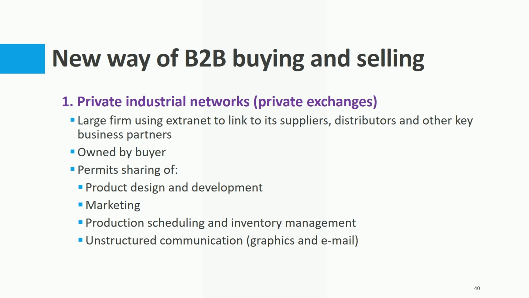The text provides the example of VW Group Supply, which links the Volkswagen Group and its suppliers. The Volkswagen Group Supply handles 90% of all global purchasing for Volkswagen, including all the automotive parts and components.